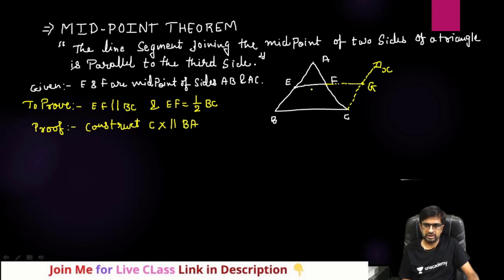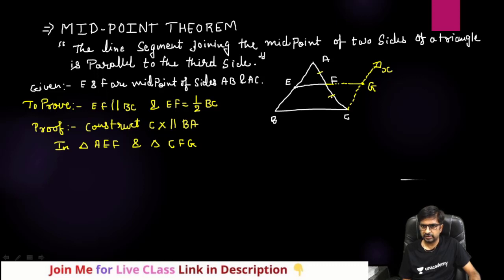Okay, so now we are getting two triangles, AEF and CFG. Here we are going to prove that they are congruent. How? Let me do that. In triangle AEF and triangle CFG, these two triangles, already we know that F is the midpoint of AC.